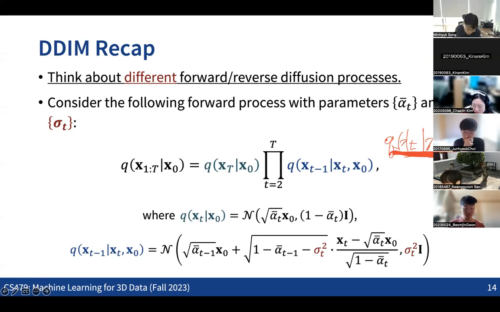But in the DDIM model, instead of directly modeling this, we model this conditional probability distribution in a way that the forward transition can be defined based on Bayes' rule. We also make some of these definitions with a new parameter, sigma, here.